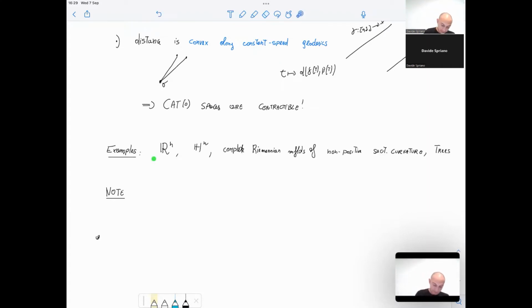Well, the base example is Rn with the Euclidean metric, so Euclidean space, Hn with the standard hyperbolic metric, and actually those are both examples of any complete Riemannian manifold of non-positive sectional curvature. Right, all of those will form Cat0 spaces, and also trees. If we take a graph without cycles, it is also going to be a Cat0 space.